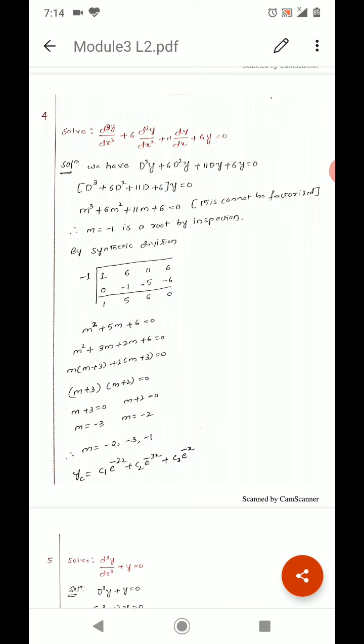Therefore, we have three roots: by the inspection method m = -1, and by the synthetic division method m = -2 and -3. These three roots are real and distinct. Therefore, the complementary function becomes c1 e^(-2x) + c2 e^(-3x) + c3 e^(-x).